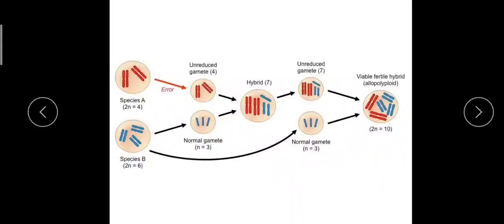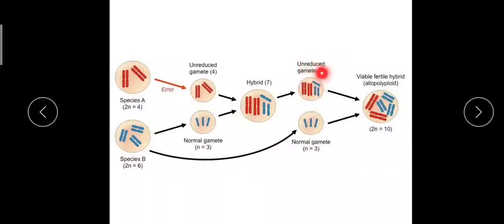And then what happens? This hybrid cell produces a gamete which is also unreduced. There also an unreduced gamete is formed, and the chromosome number is 7. And again species B forms a normal gamete with chromosome number 3.